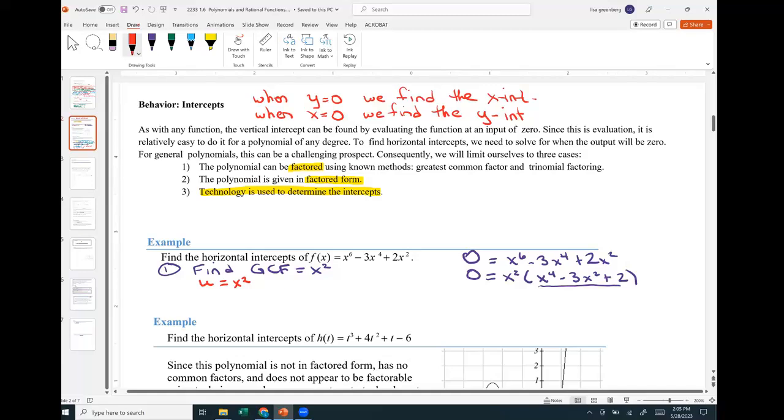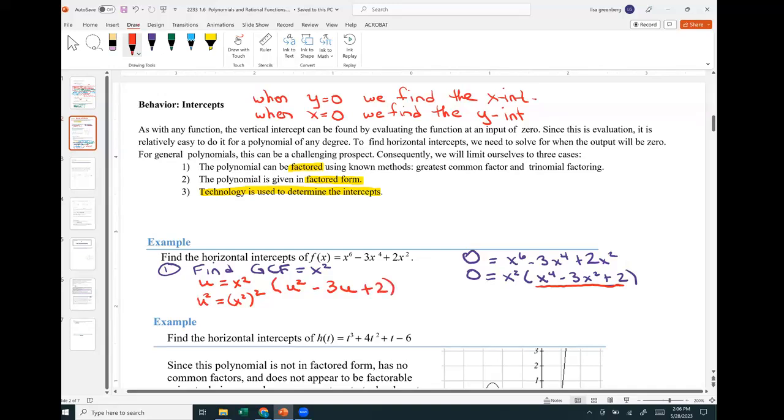You'll see why in a minute. I'm only going to look at this right here because x squared is already factored. And I can say that means that this is u squared, because u squared is equal to x squared squared, which is x to the fourth, minus 3u plus 2.